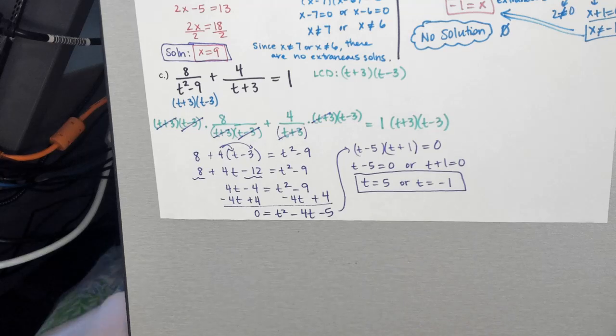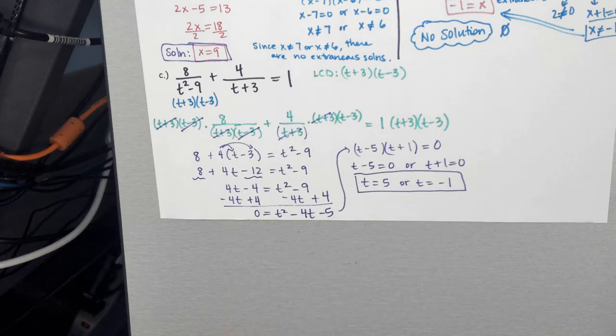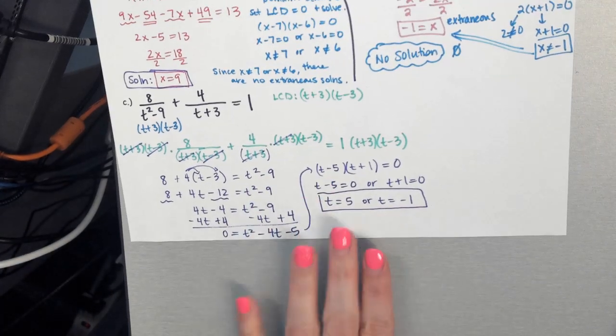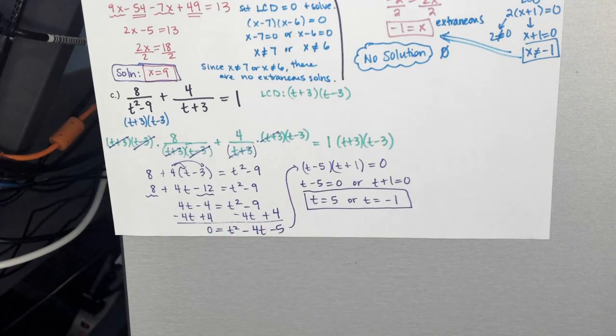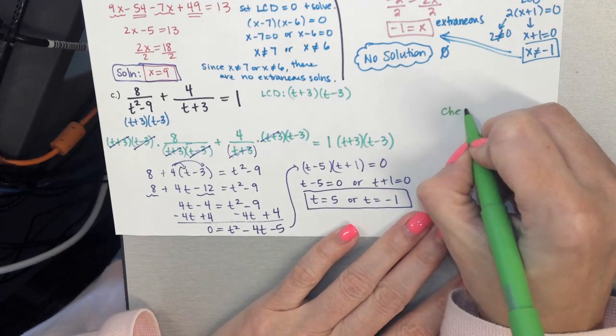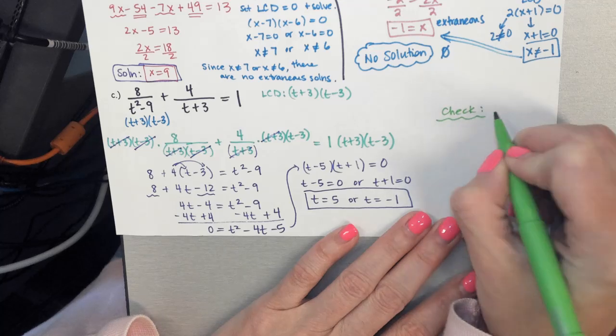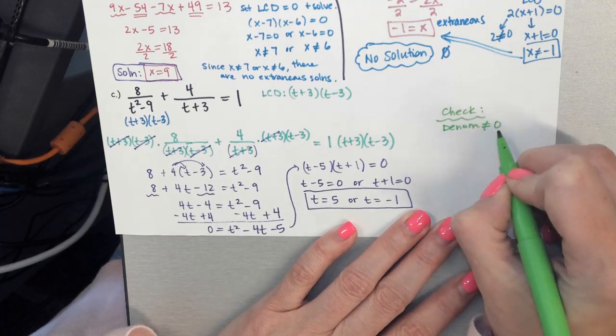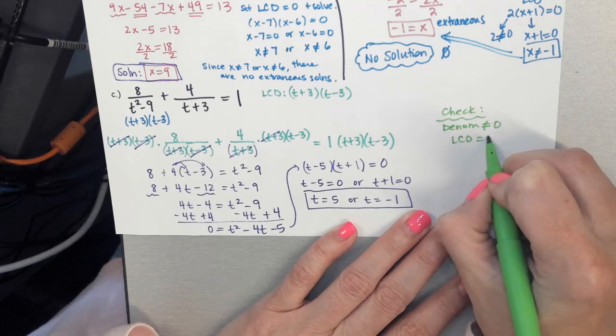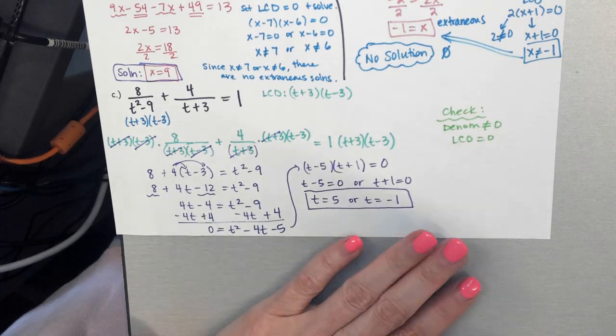Okay, and then we're going to do our check. So with the check, you might have both of these be a solution. One of them might be a solution. Okay, so we know the denominator can't be 0. So we'll set that LCD equal to 0 and solve.